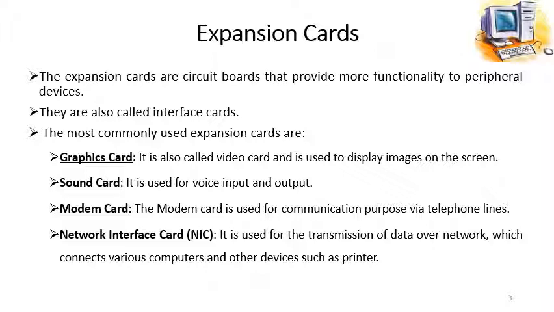Modem card and network interface card, both of them are used for accessing the internet or for connecting with a network. So NIC, it is used for the transmission of data over network, which connects various components and other devices such as printer. In the coming slide we will have the diagrams or the pictures of these expansion cards.